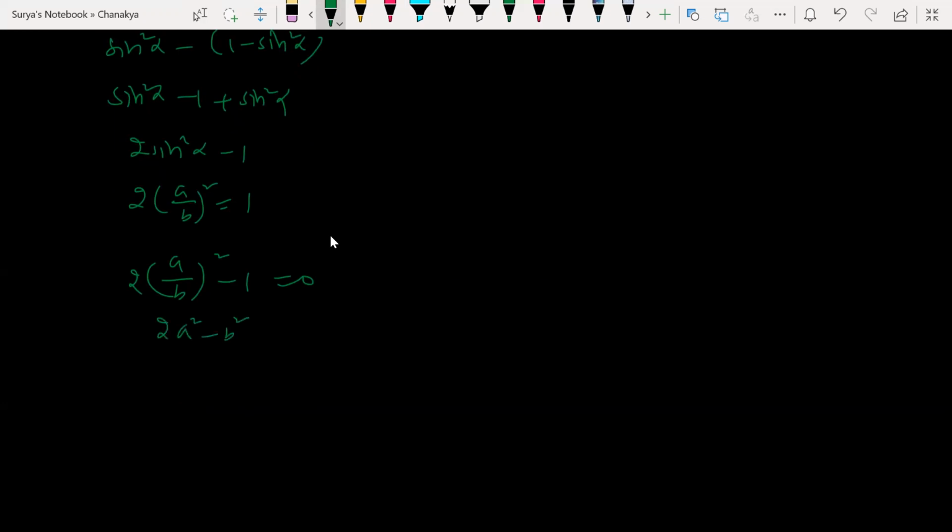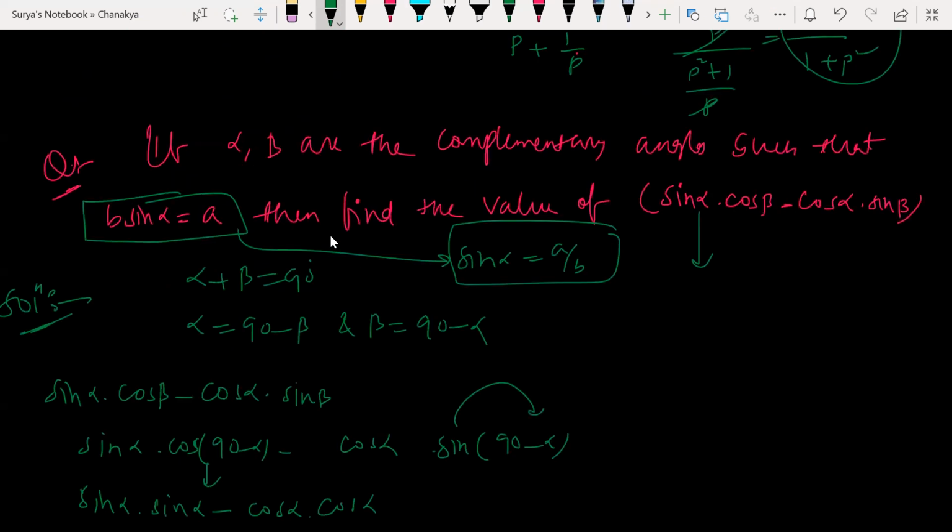LCM: 2A square minus B square equal to 0. Perfect. What is it asking us to find here? This is the answer.